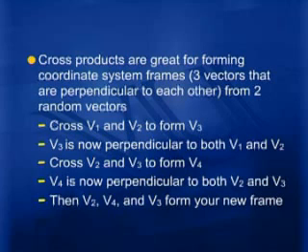If we take their cross product, we form v3. v3 is perpendicular to v1 and v2, and then if we take the cross product of v2 with v3, we form another vector, let's call it v4. Now this one would be perpendicular to v2 and v3. So in a way, if we perceive v2 and v3 to be in the same plane, this v4 would be at right angle to it.